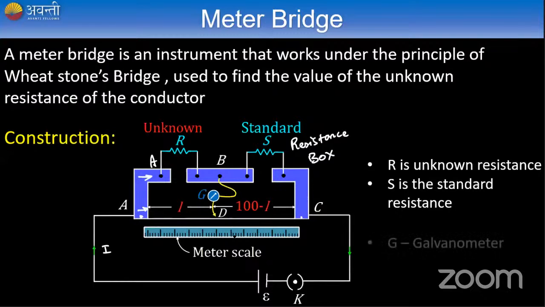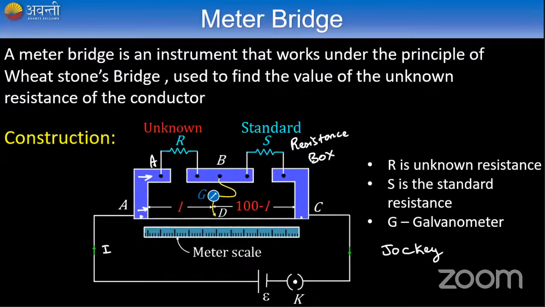Now, what happens inside a galvanometer? Inside this meter bridge, a galvanometer is connected from the midpoint, point B, and the other end of the galvanometer is connected to a jockey. So what is a jockey?